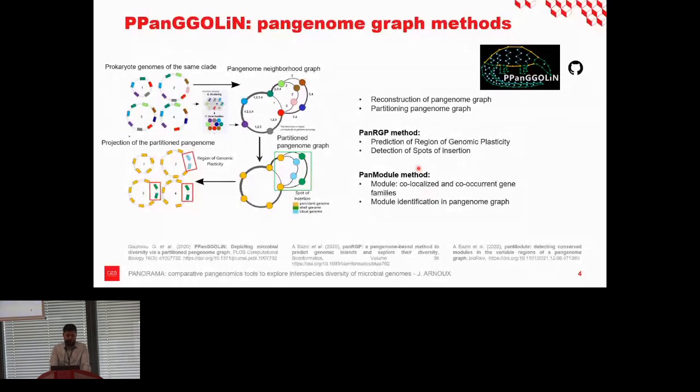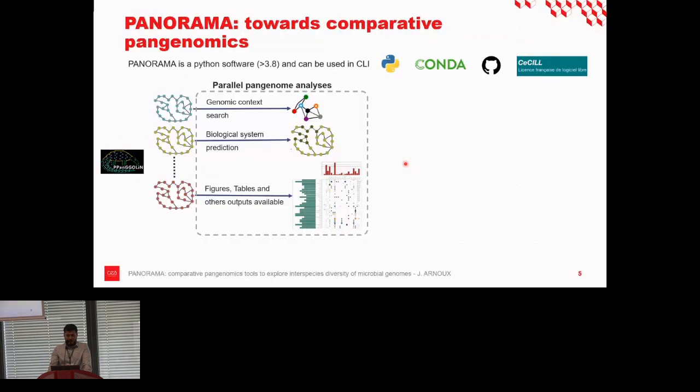It's the aim of PANORAMA, the tool that I present today, to provide a new methodological development to compare prokaryotic pangenomes. PANORAMA is a Python software that can run pangenome analysis on multiple pangenomes from Pangolin at the same time.